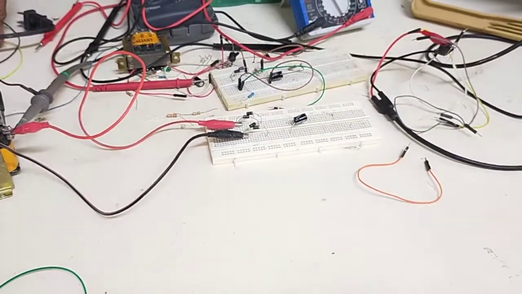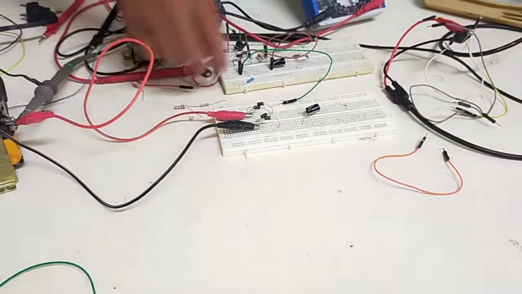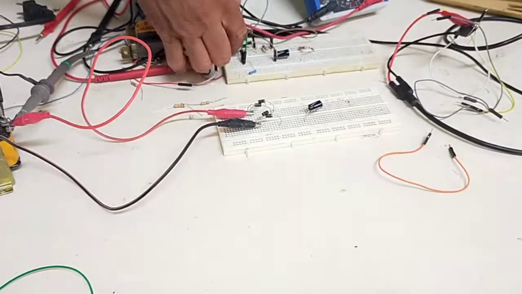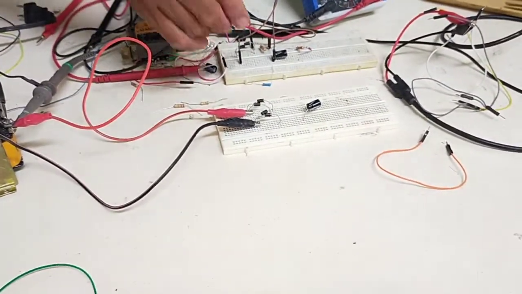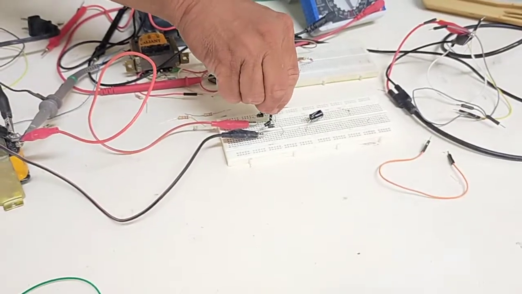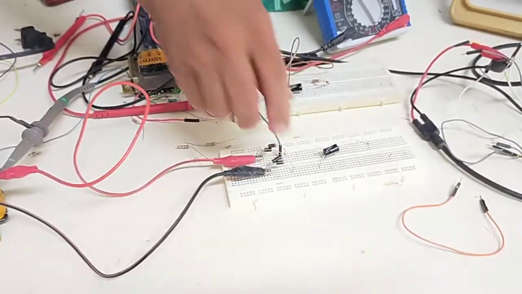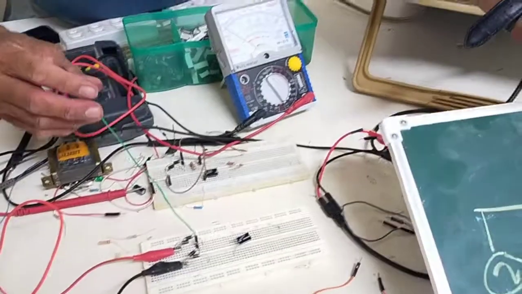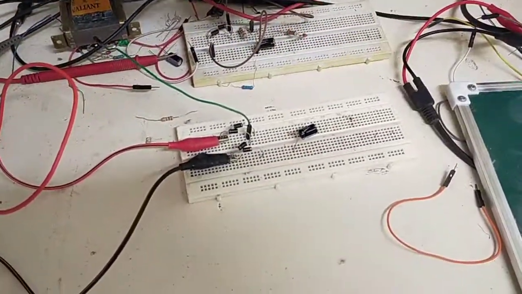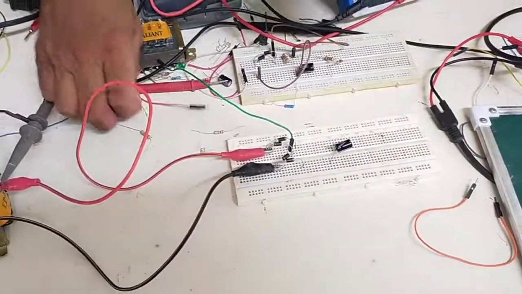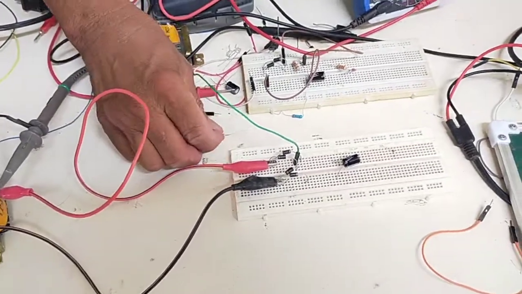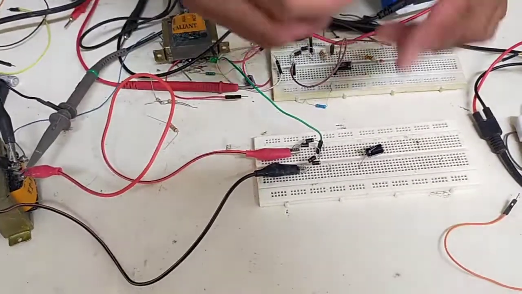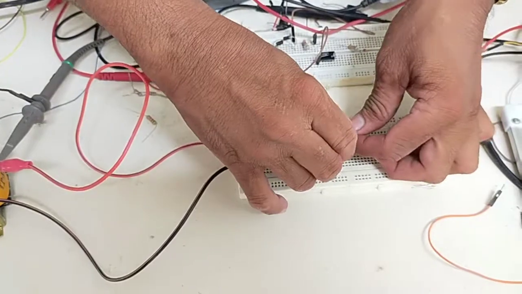Okay. Then the anode here is connected to the resistor. We'll connect the resistor as the load.